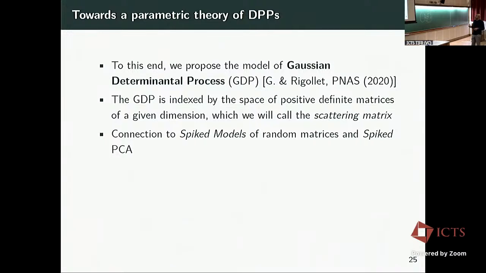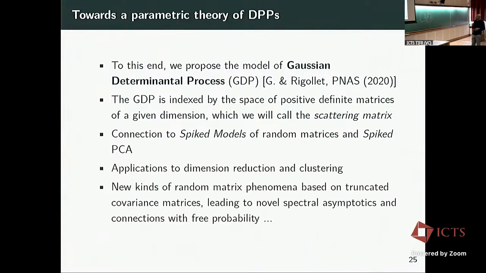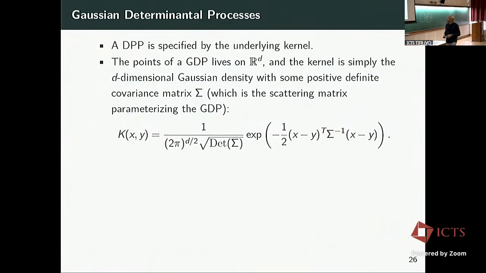It is also connected to the spiked models of random matrices and spiked PCA. I'll discuss those connections soon. It has applications to dimension reduction and clustering. It also leads to new kinds of random matrix phenomena based on truncated covariance matrices, leading to novel spectral asymptotics and connections with free probability. So I'll describe some of the ingredients in the next few slides.